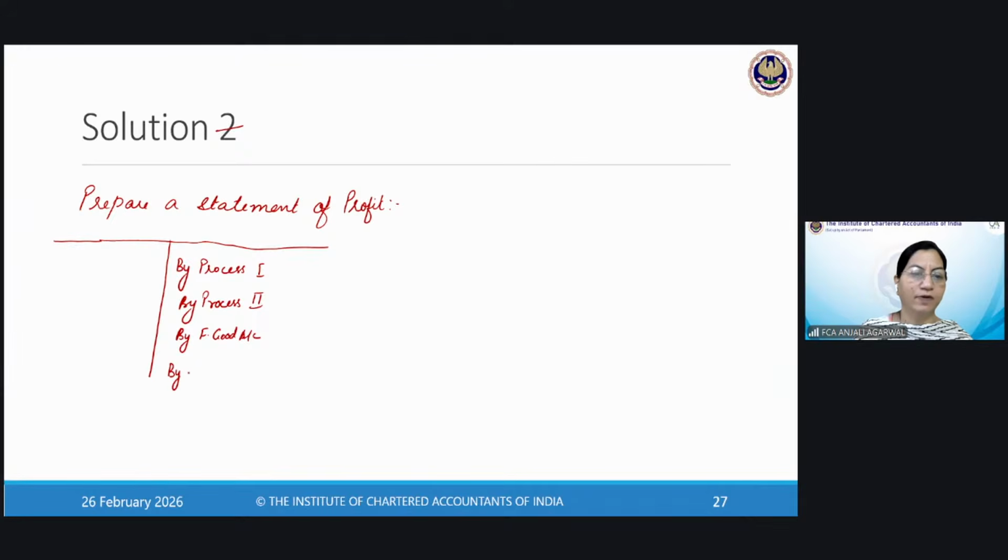And what was the profit by unrealized profits in opening stock of process one, process two, and finished stock?